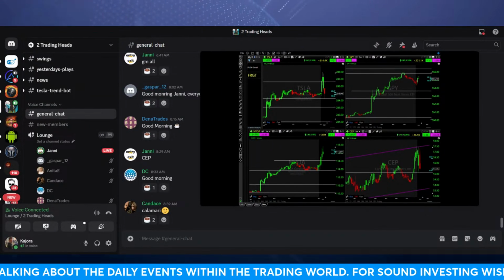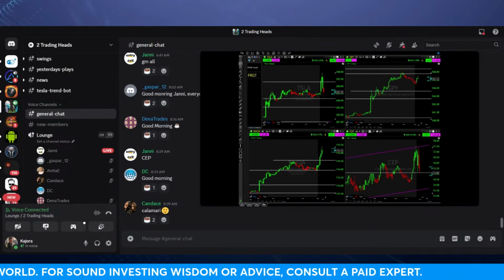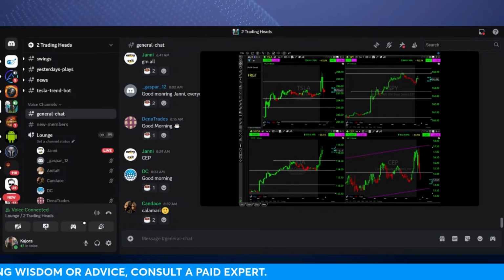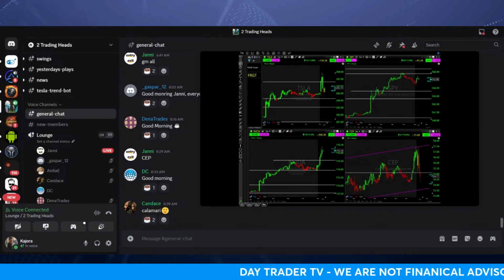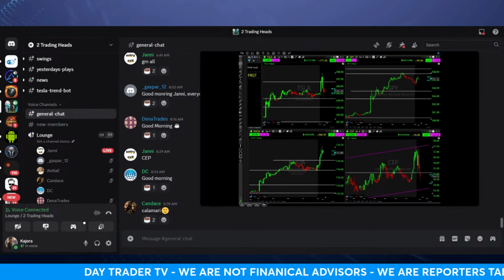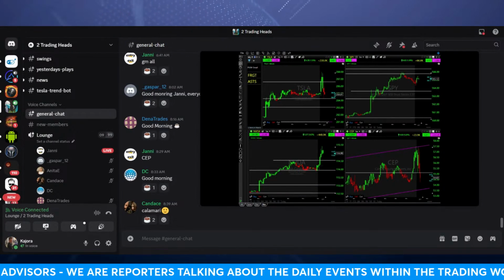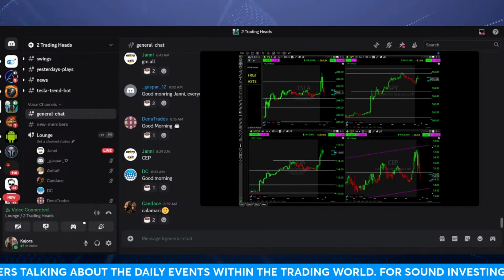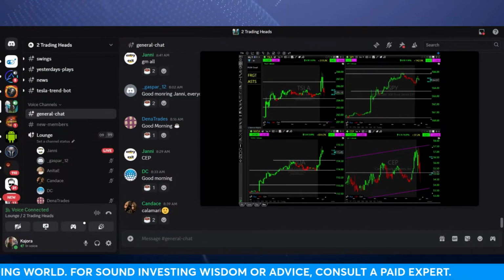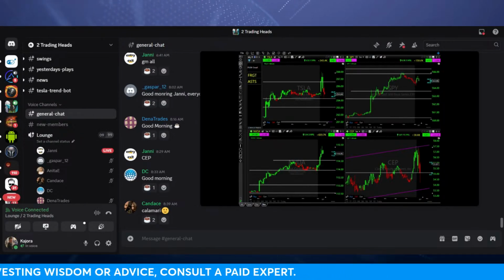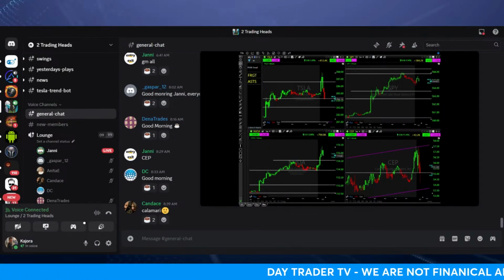Keep an eye on this CEP. Tesla is testing support.